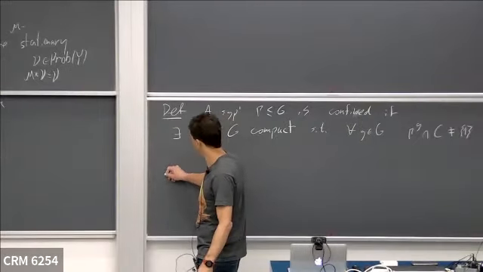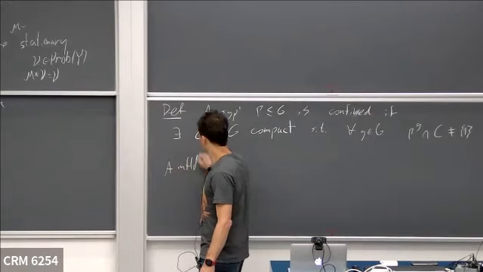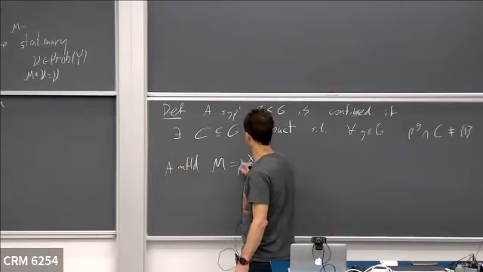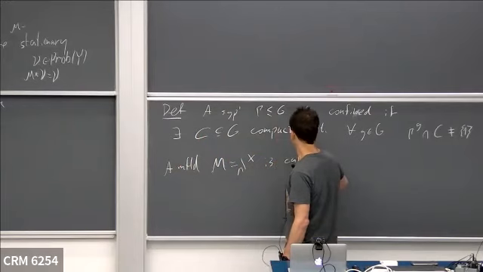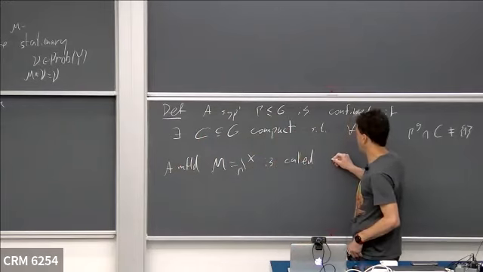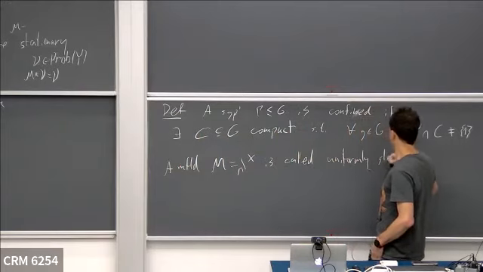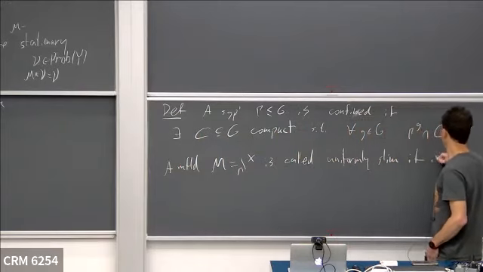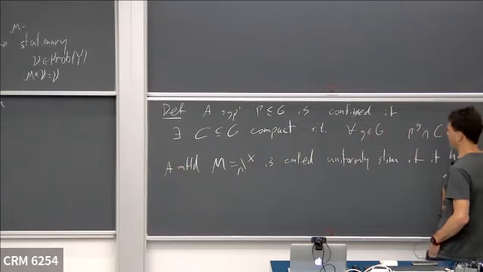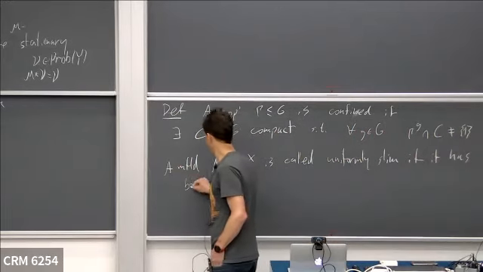So by the way, a manifold M, let's say X mod gamma, is called uniformly thin if it has a bounded injectivity radius.